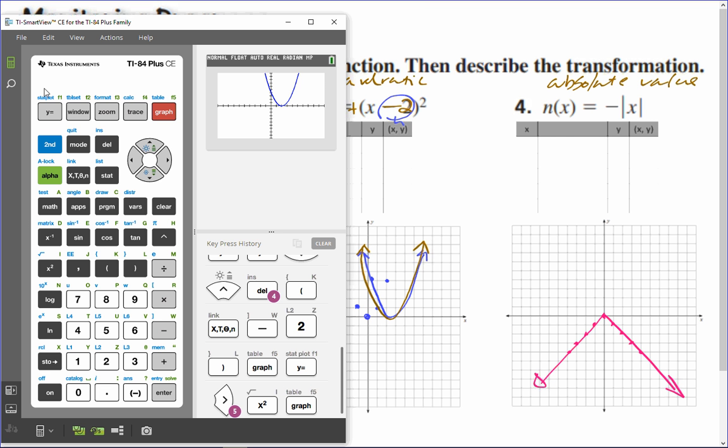I don't know. Let me. Can I hang on to it? Yeah. Okay. All right. So. Yeah, he's getting the same error. You guys may have to reset your calculator.